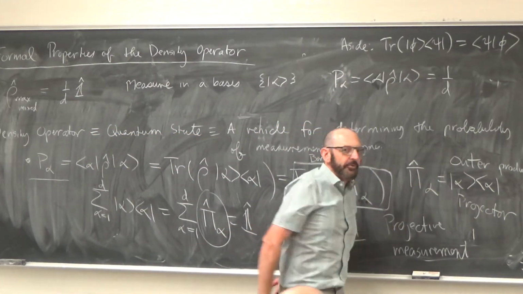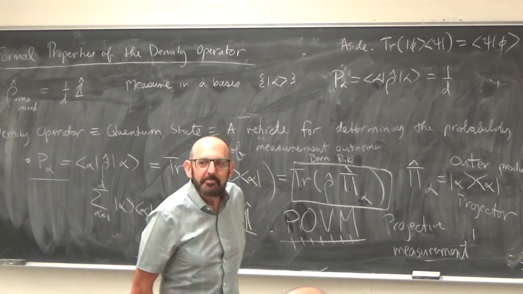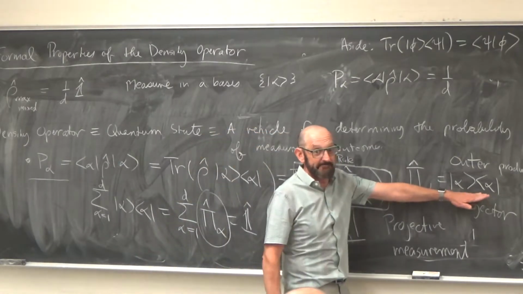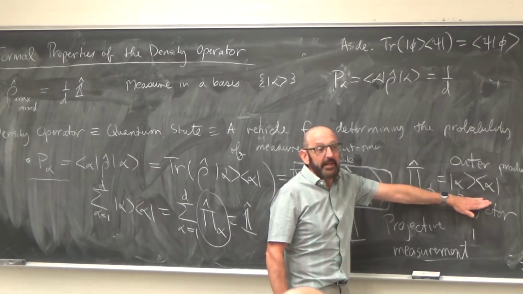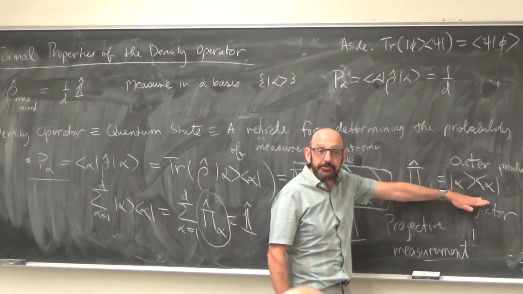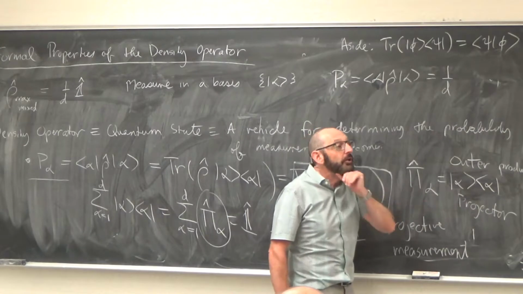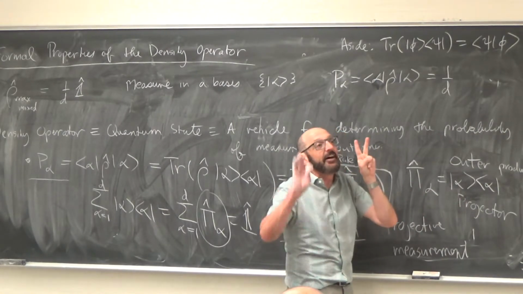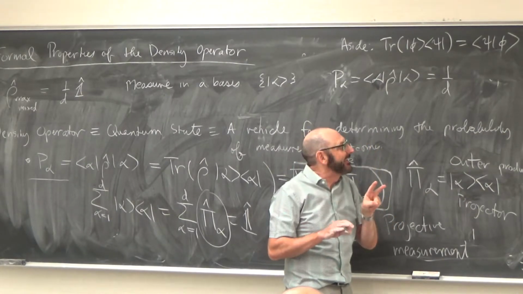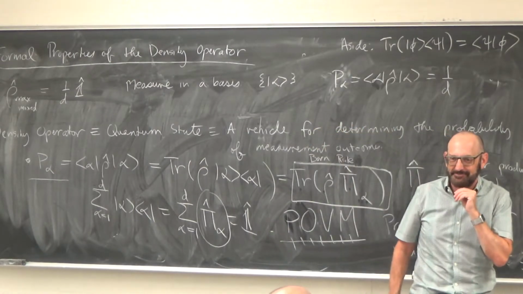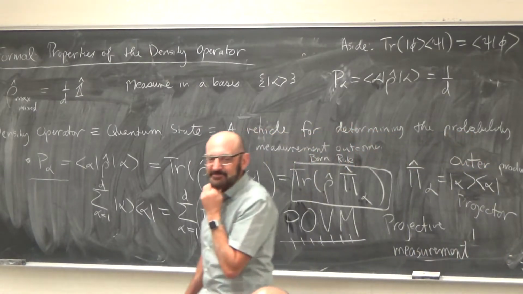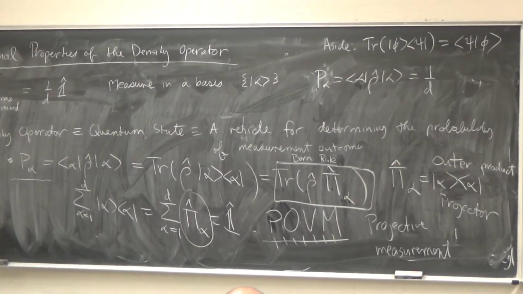And an outer product, as you may or may not remember, is an operator. This is a matrix, if I wanted to write it in a basis. What you were describing as a product state is a tensor product. Yeah, I thought that pi alpha was somehow a sum over alpha.